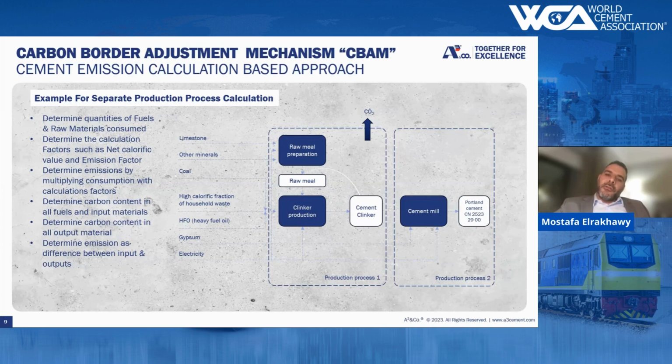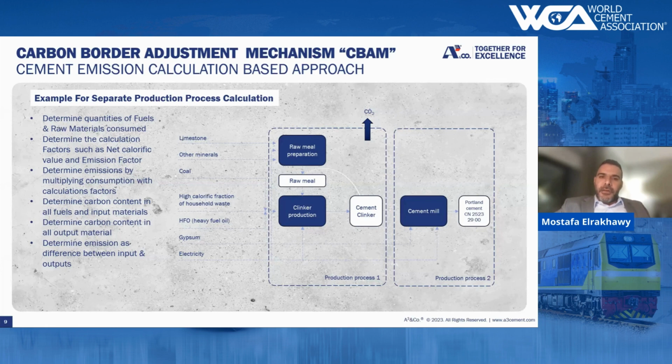Here it is divided into two production processes. Out of the first production process, cement clinker is produced. Out of the second production process, one cement type is produced. As illustrated, cement clinker has a CN code, and cement types also have separate CN codes, which the reports should identify. So what is the mechanism?